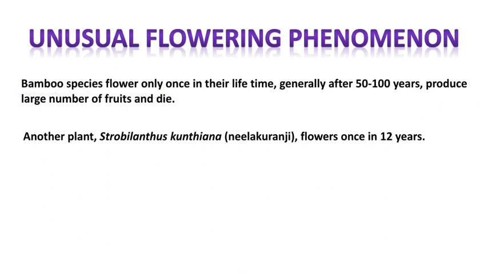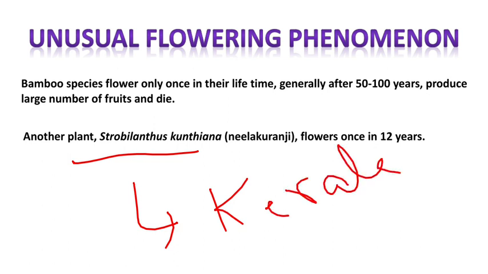Next is another plant which we call Strobilanthes kunthiana. This plant basically occurs in the southernmost part of India, basically Kerala, Tamil Nadu, these southern states, and it flowers very well.